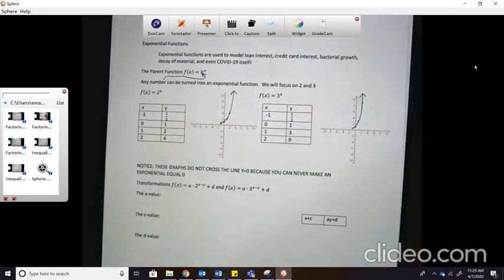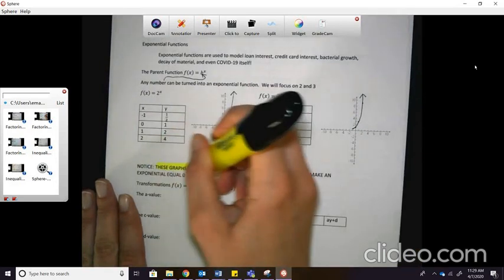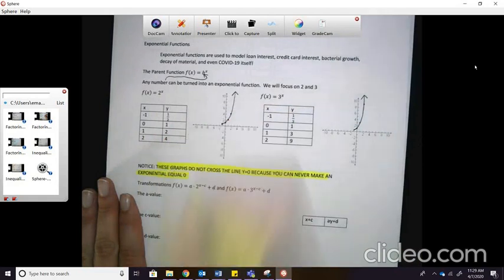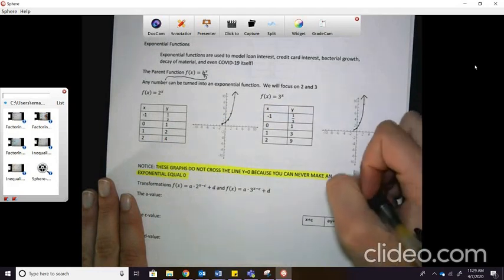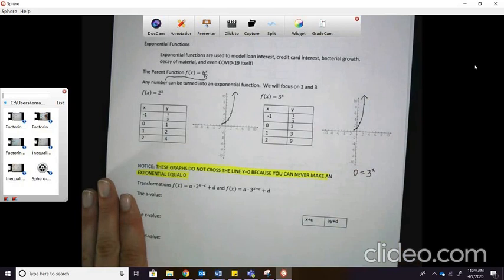Now, there's an important distinction here to make. These graphs do not cross the line y equals 0 because you can never make an exponential equal 0. There is no number on this earth, if you set it equal to 3 to the x, that you're going to make 0.